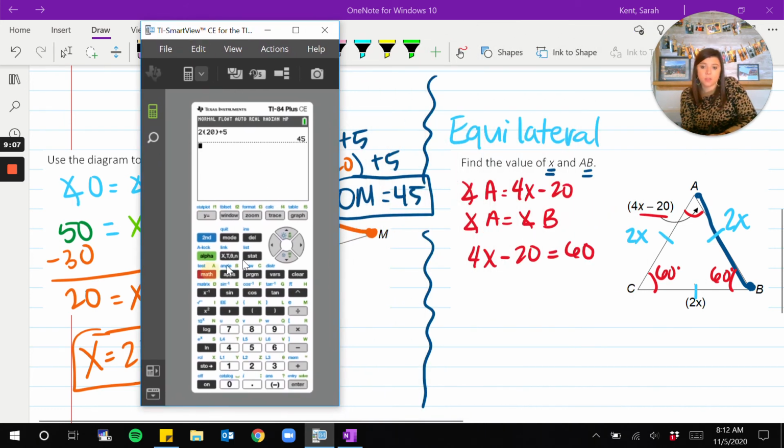I can go to Math, up, Enter, and here I can type in 4x minus 20, and then on the bottom I would type 60. If I press Enter, alpha graph, I'll get x equals 20.